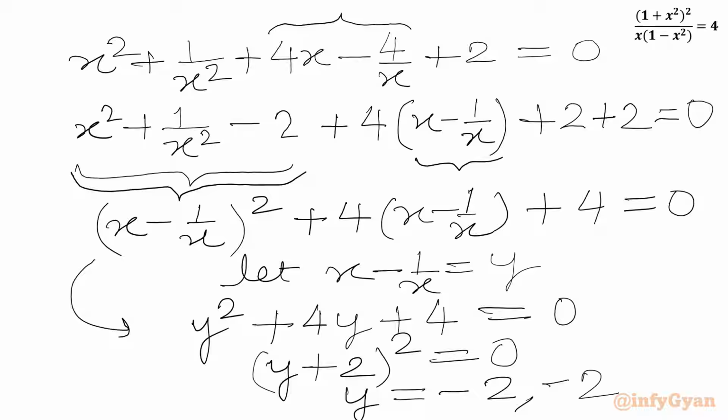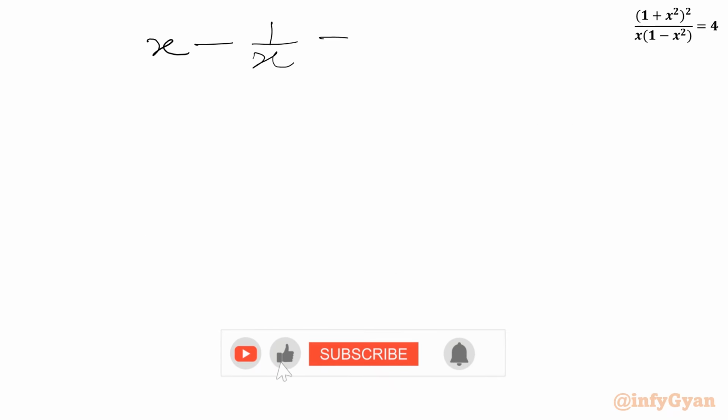Now y is minus 2 and y is x minus 1 over x. So we will equate both. We will write x minus 1 over x equal to minus 2. Now x cannot be 0.